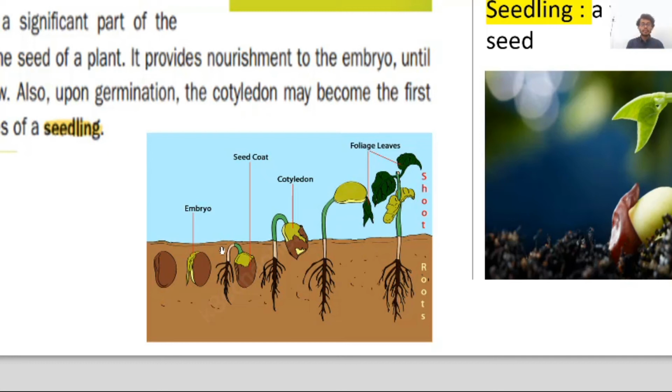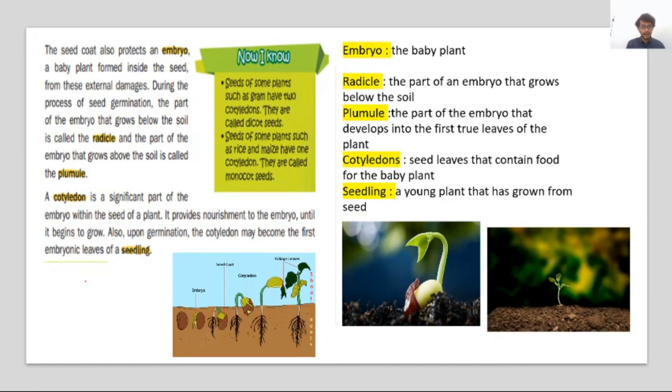Since the baby plant has no leaves and no roots, how will it grow? It needs food to grow.